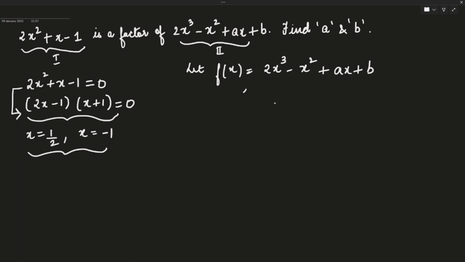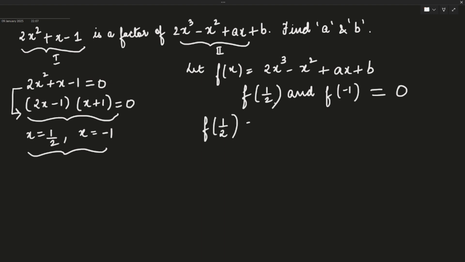By factor theorem, f(1/2) and f(minus 1) will be equal to 0, as 2x squared plus x minus 1 is a factor of 2x cubed minus x squared plus ax plus b. So let's put 1 by 2 in this polynomial.